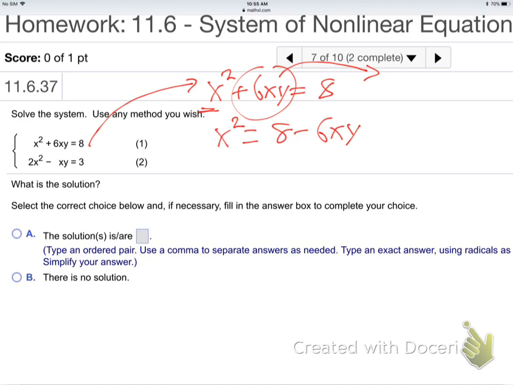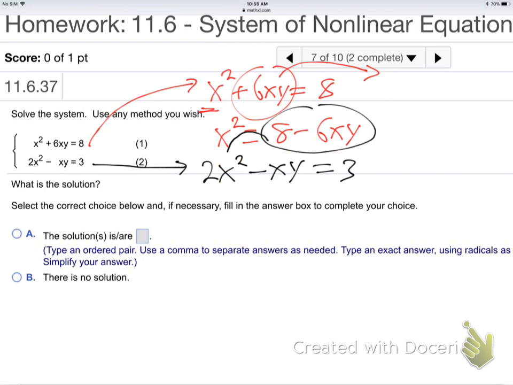And then I'm going to plug that into the bottom one. So let me grab this second equation: 2x squared minus xy is 3. Grab all this and plug it in right there for x squared. Is everybody good with that? Making sense what I'm doing? I'm going to replace the whole x squared with 8 minus 6xy.